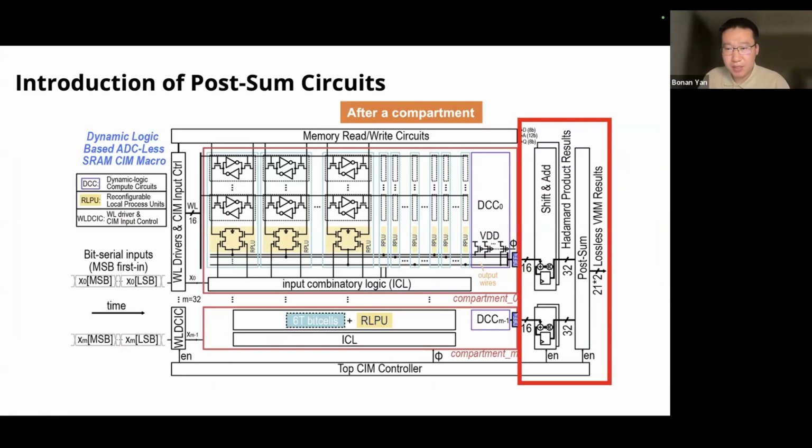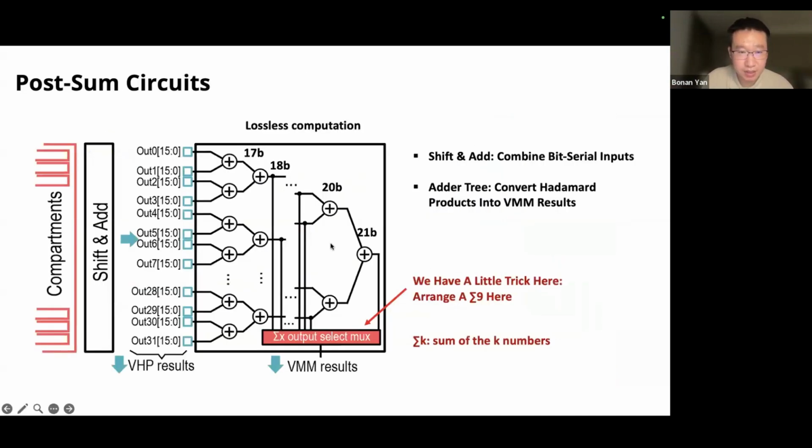Because it is a bit serial operation, we need shift and add circuits and an adder tree to add all of the elementary multiplications together to achieve the addition. And we can form the entire vector matrix multiplication. So let's see these circuits. Basically, it's just shift add and adder tree.